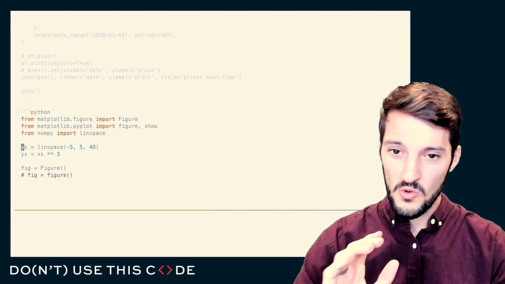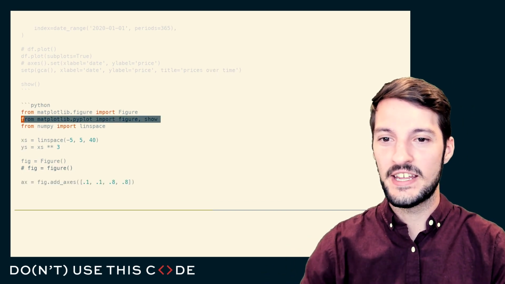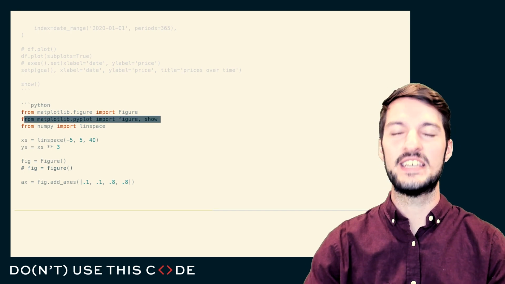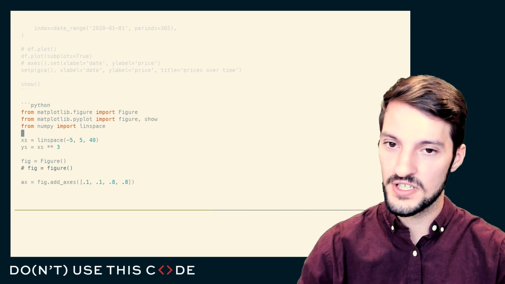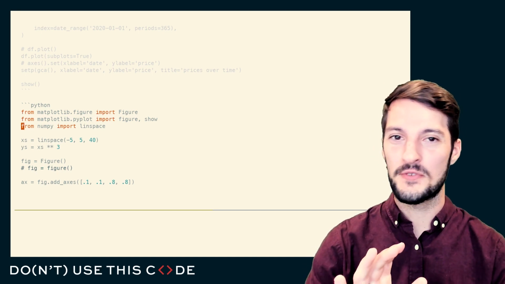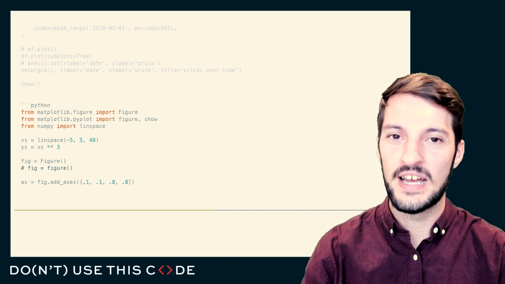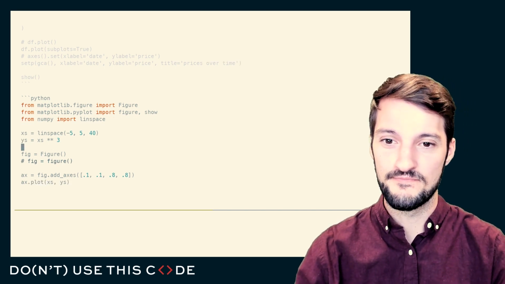Lastly, I am in no way, shape, or form hating on the PyPlot interface. It is absolutely fantastic. There are a few entry points that I choose to use from it, and you'll probably understand why I feel this way if you have ever tried to create a Matplotlib figure without using PyPlot.